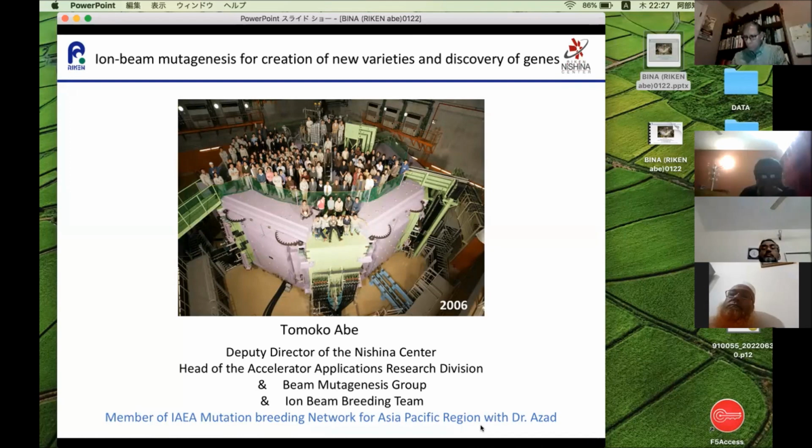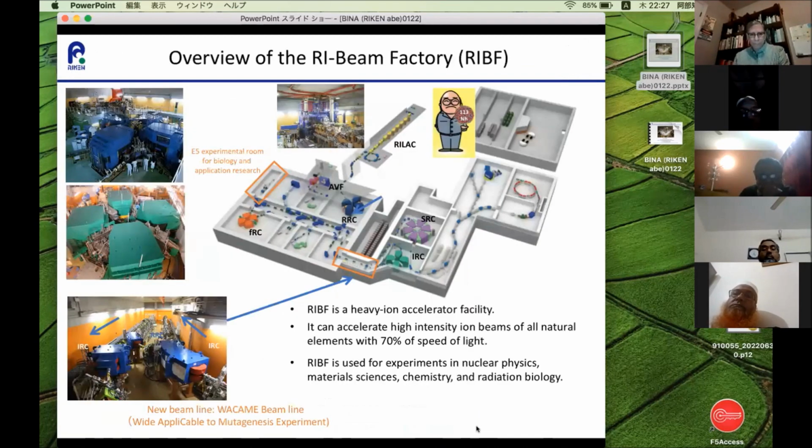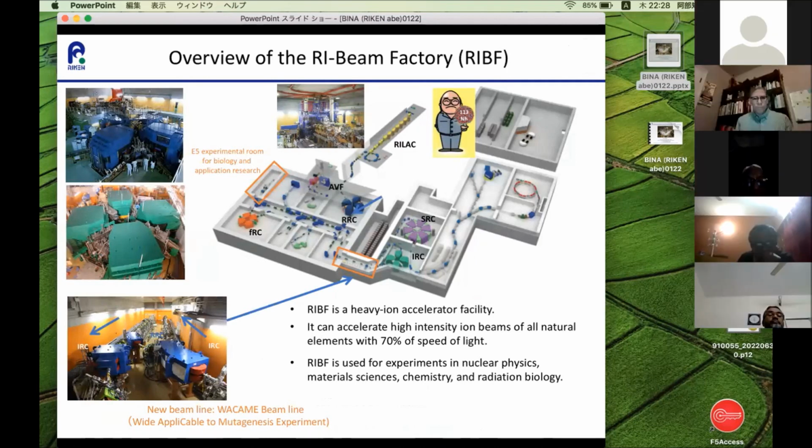I'm also a member of the IAEA Mutation Breeding Network for the Asia Pacific region with Dr. Azad. Our facility is named the RI-beam factory, usually called RIBF. In RIBF, stable, not radioactive, isotopes are accelerated, and one of the major applications is to produce beams of radioactive isotopes for nuclear physics experiments by using the stable beams.